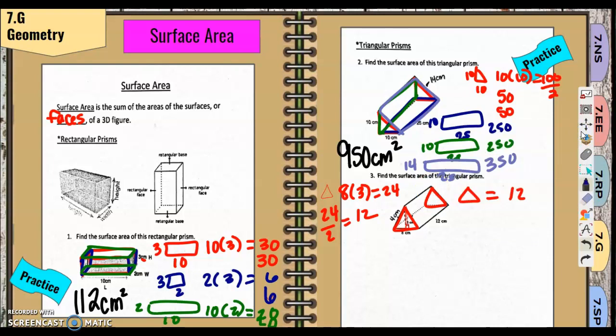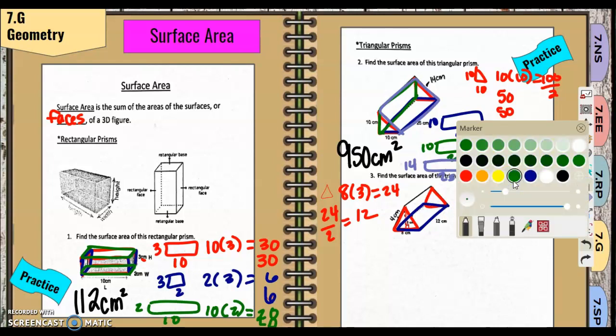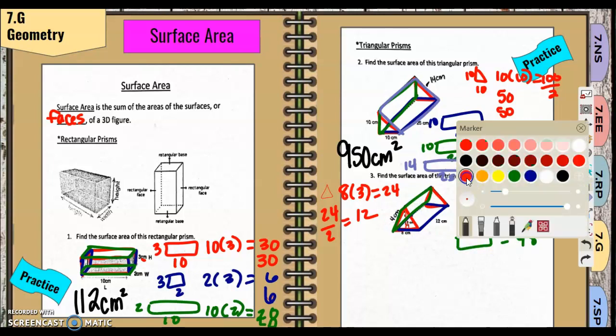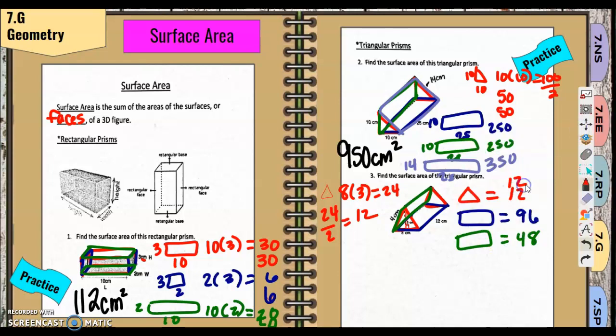Then I multiply the height of the prism by the measurement of each side of the triangle. So 12 times 8 is 96. 12 times 4 is 48. And then this triangle is isosceles because there are 2 tally marks.